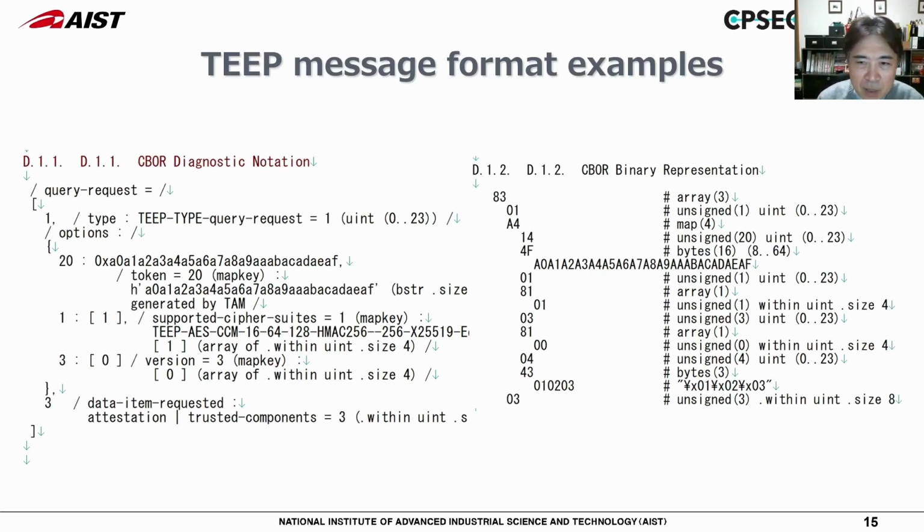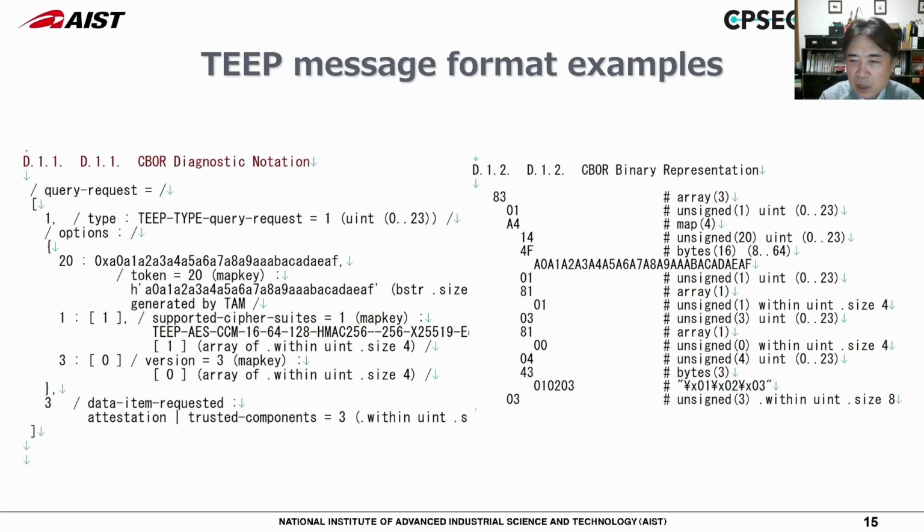This is because CBOR parsing will be implemented individually in the TAM and in each device, and not everybody always uses the same library or implementation. The good thing about having the example in binary with the right size is that you can expect how large each value is going to be.